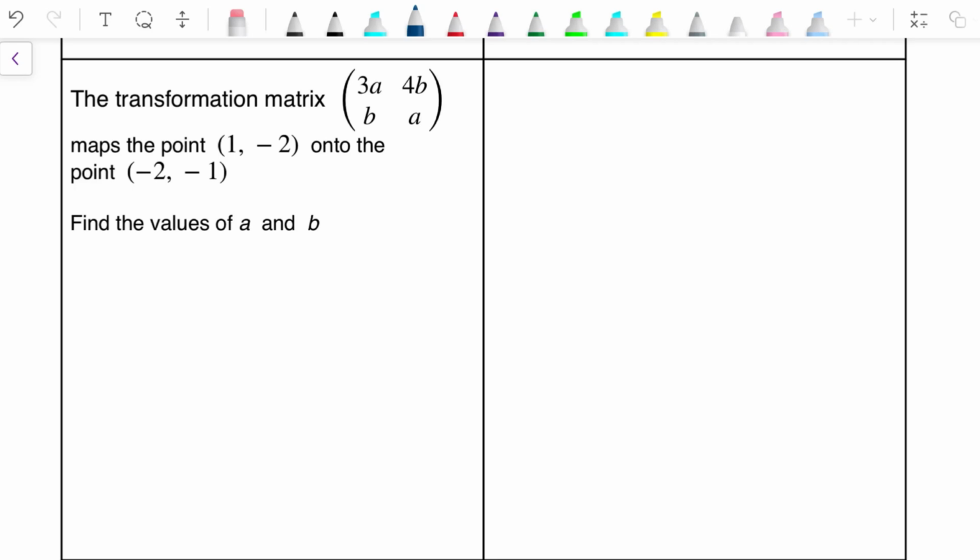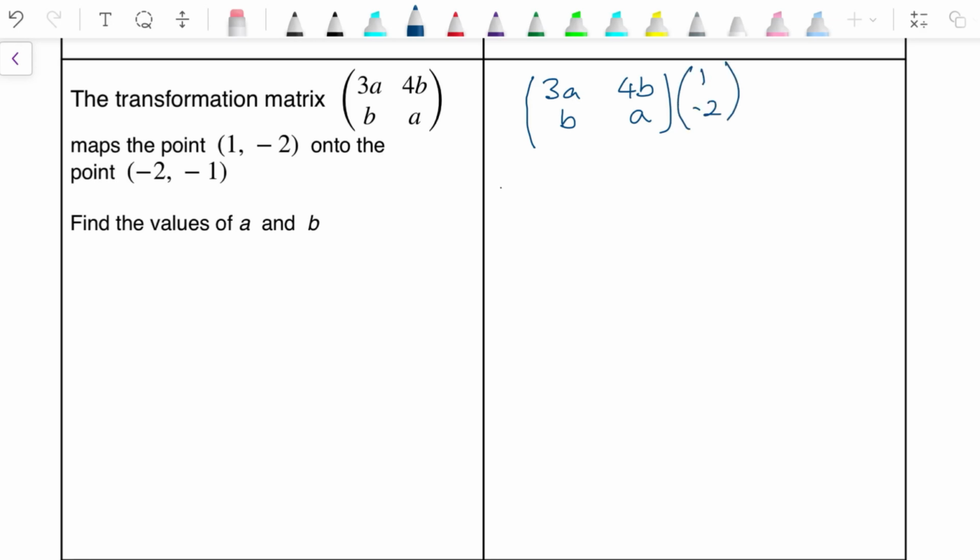Right, final question. The transformation matrix maps the point this onto this, find A and B. Okay, nice question. So what I'm going to do is I'm basically just going to write this down. So 3A B, 4B A times 1 minus 2.